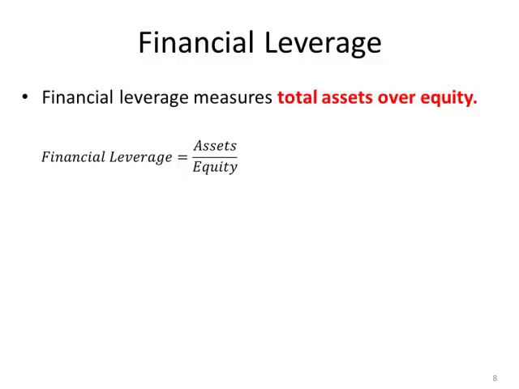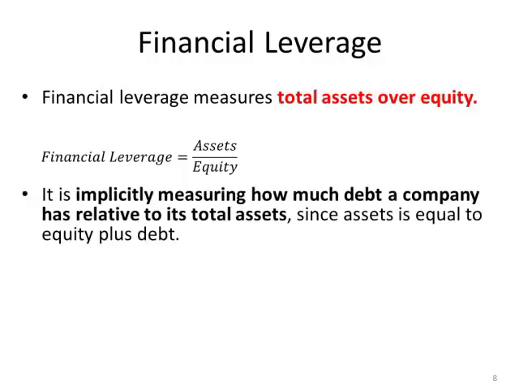And that means we have a high amount of debt or higher financial leverage. So we are implicitly measuring how much debt a company has relative to its total assets, right? And that's because assets is equal to equity plus debt. So even though this equation doesn't have the word debt in it or liabilities anywhere, that's exactly what we're actually measuring. We're just measuring how levered this company is.